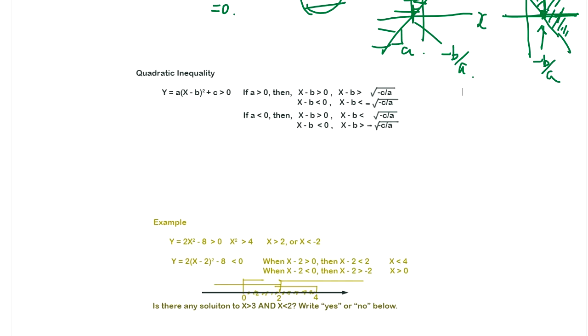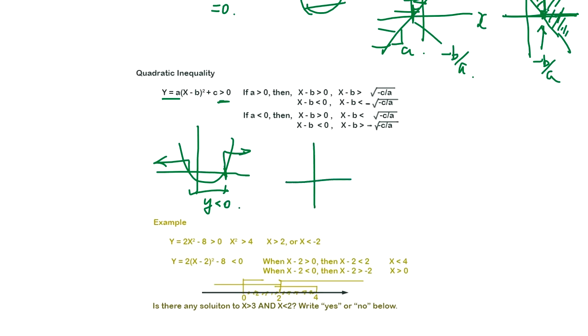Now we have various cases. If y has to be positive, then we're talking about this range, because here y is negative. But if the equation is like that, then y is positive in this range.